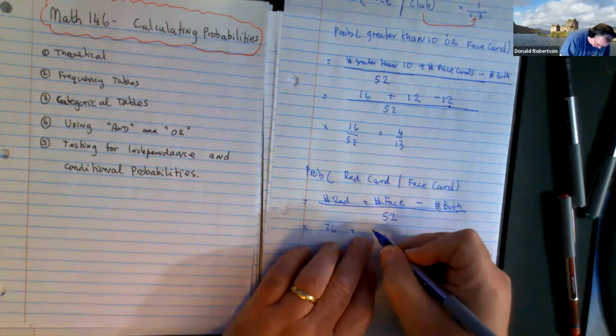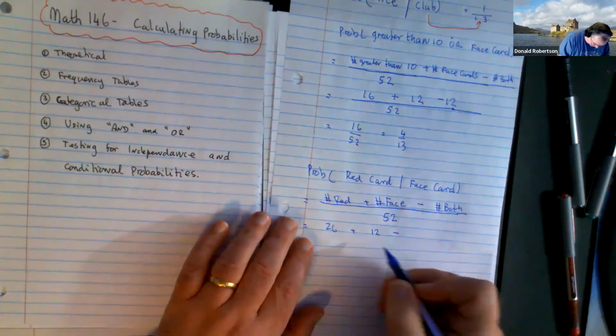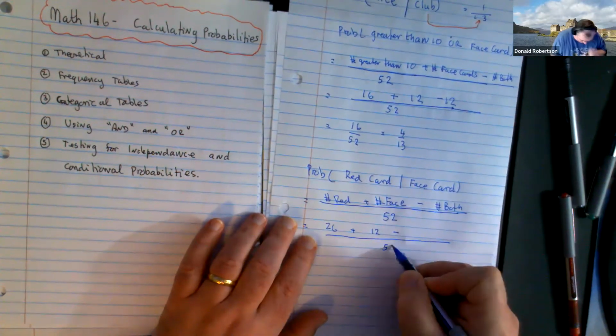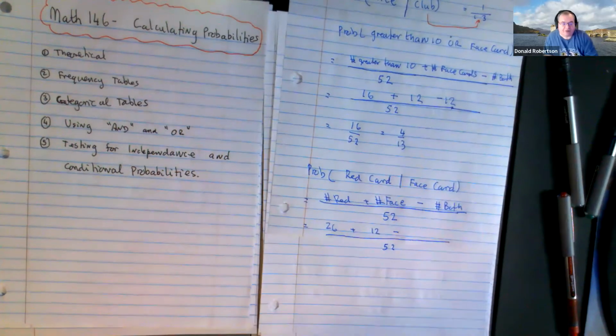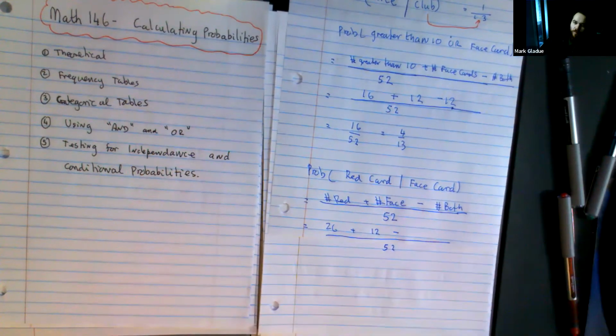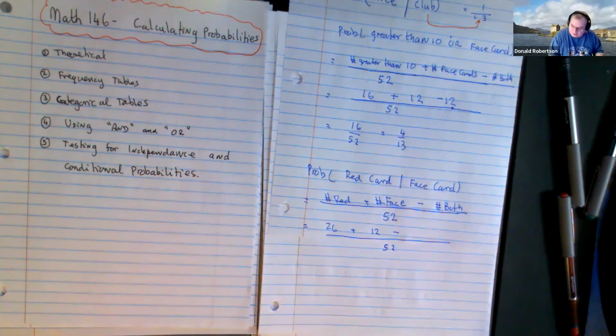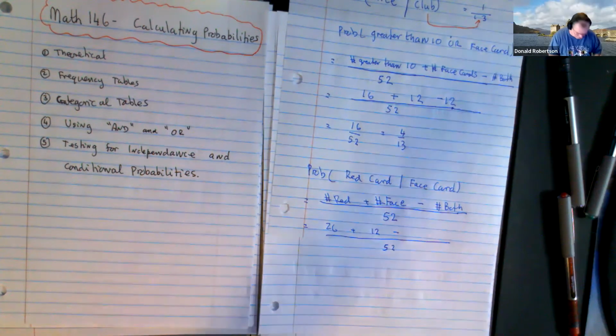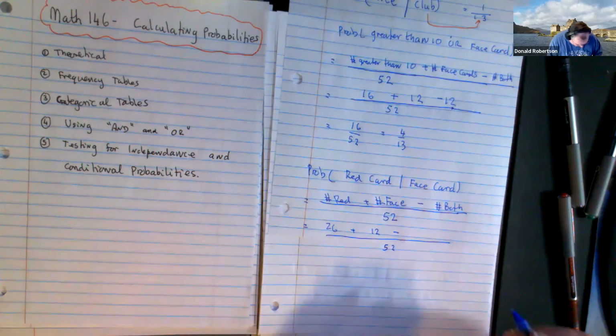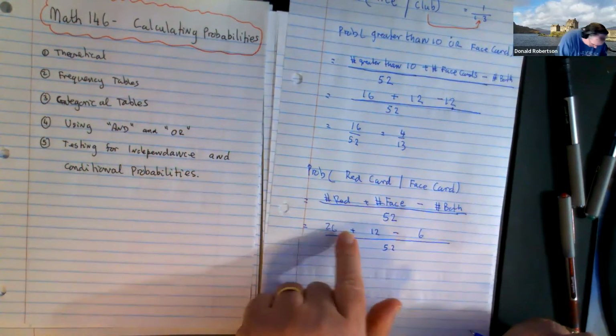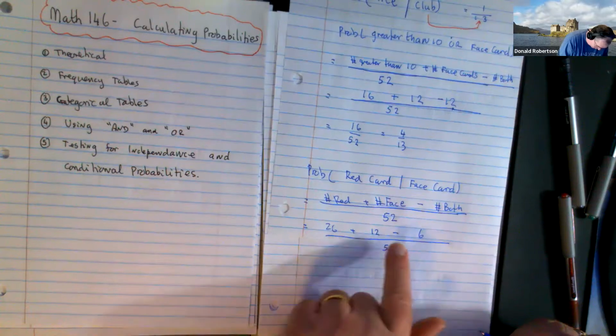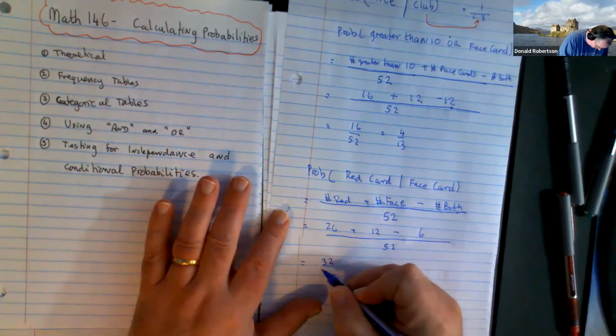Now this time, you have to think a little bit harder. How many red face cards are there? That's another way of saying both. 6. Right, 3 diamonds, 3 hearts, 6 there is. So you got that guy plus that guy, take away that guy. I believe the number is 32 out of 52.